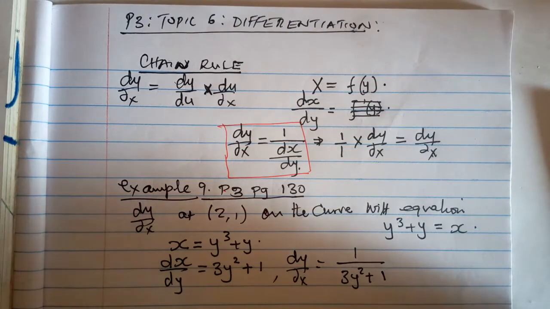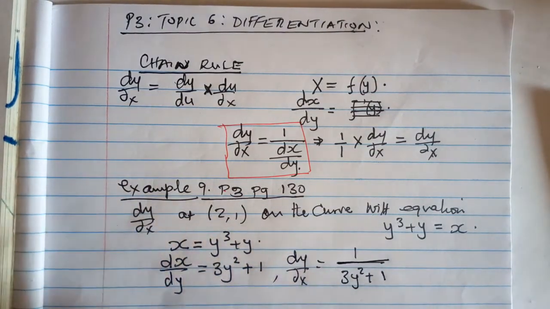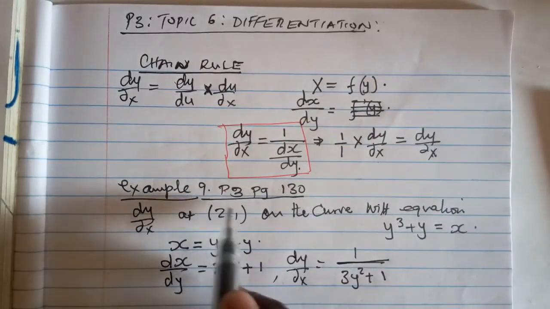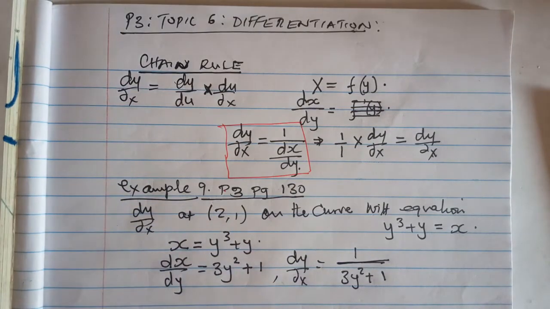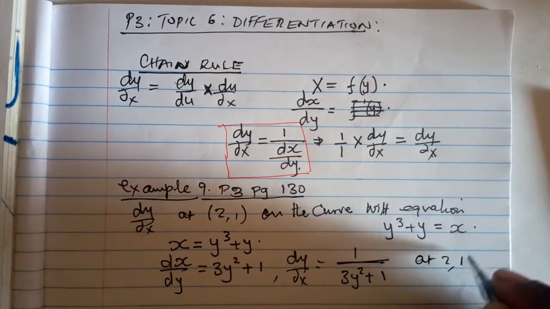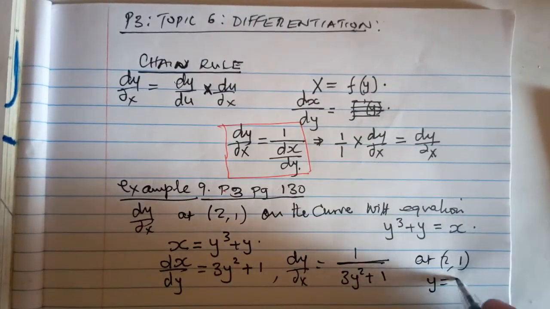And we are also told that this one is a function, and when we sketch it, we are talking about a certain point, (2, 1). At (2, 1), of course, you can see y equals 1.